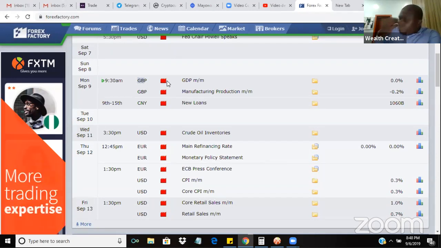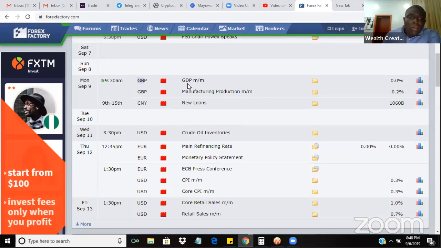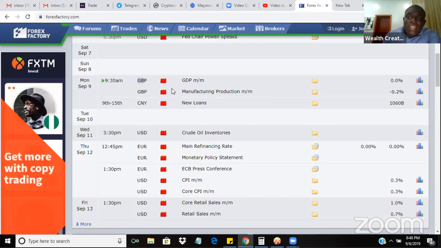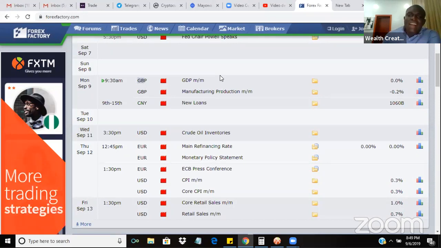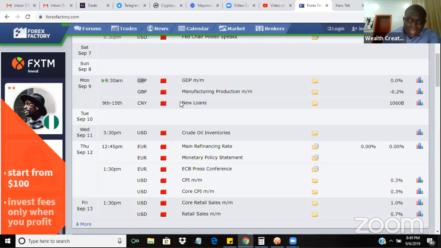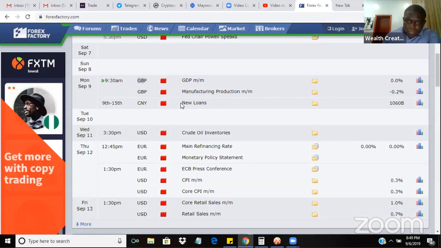There are a lot of fundamental news release that could make a currency go up and down. So you have an understanding of, once you see the red folder, you know you have to stay away from the market for that period.